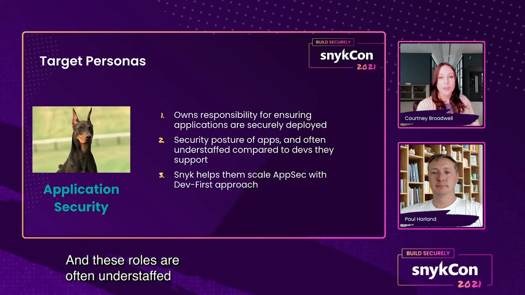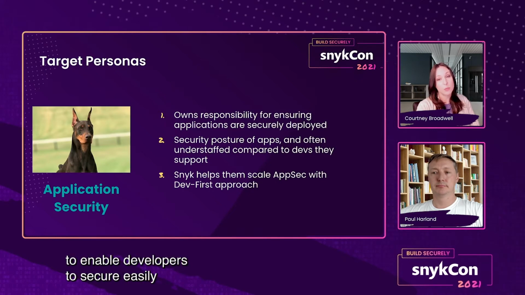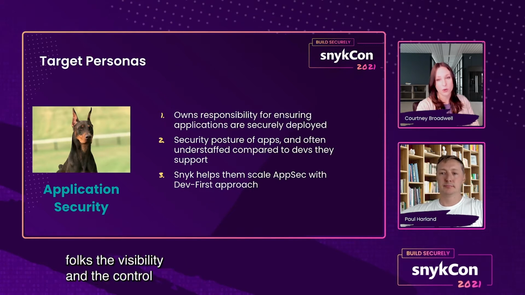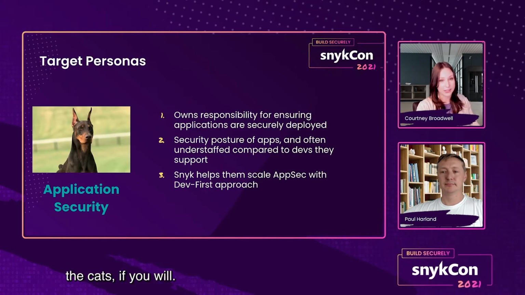And these roles are often understaffed compared to the number of developers she supports. And Snyk helps these folks scale application security with a developer-first approach to enable developers to secure easily as they build, to give the application security folks the visibility and the control that they need to manage and govern the process, or herd the cats, if you will.